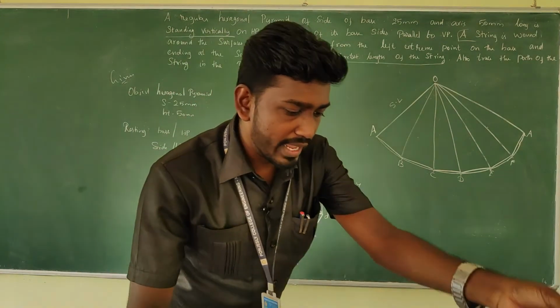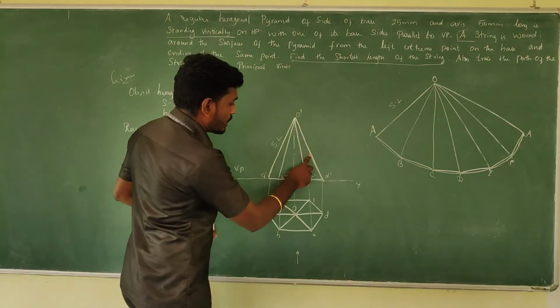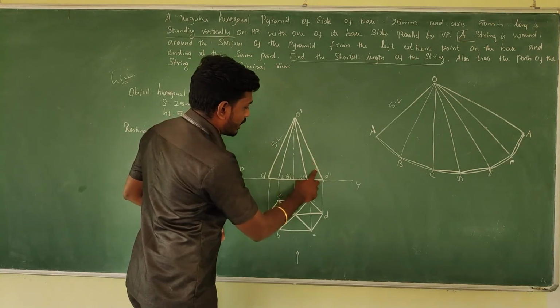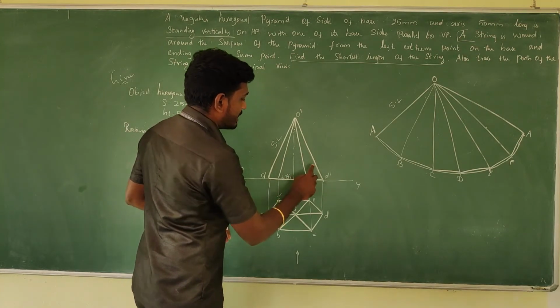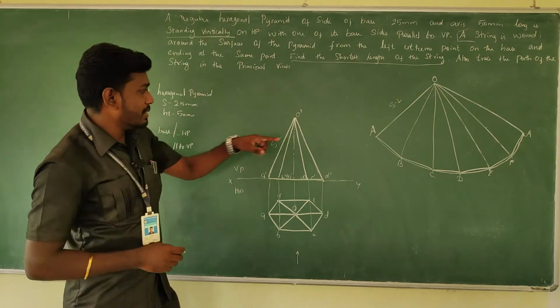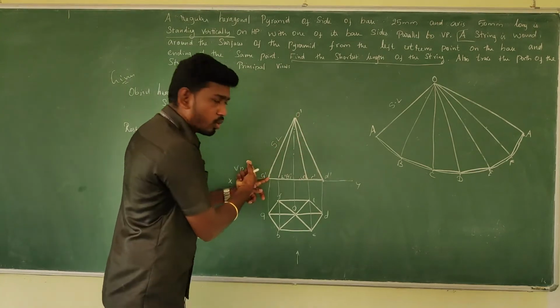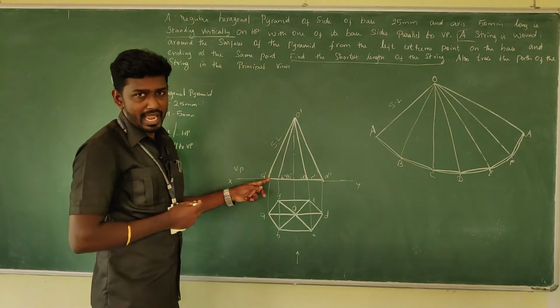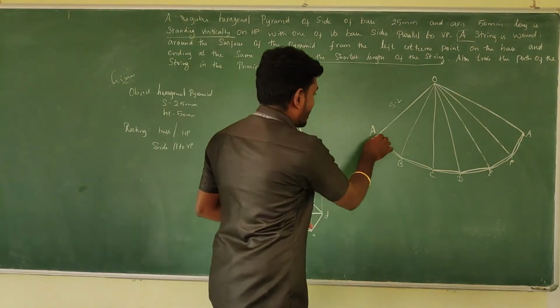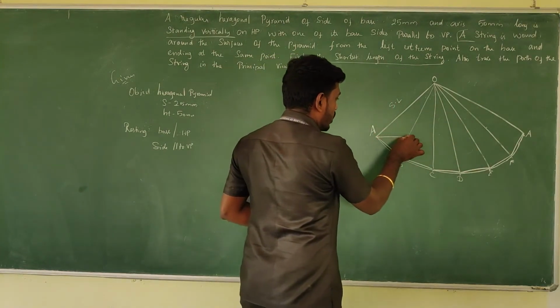So what I'm going to do is, before taking the front view, I'm going to form things in the lateral surface. It is starting at the left extreme point and coming around and ending at A. So from A to A, I'm going to draw a straight line.